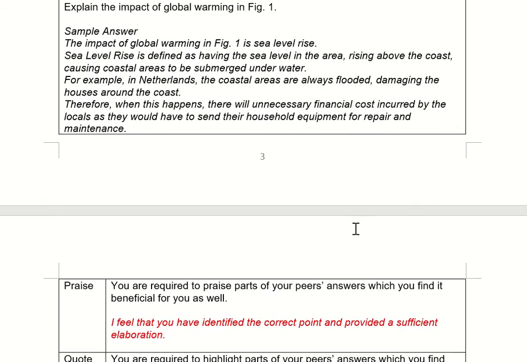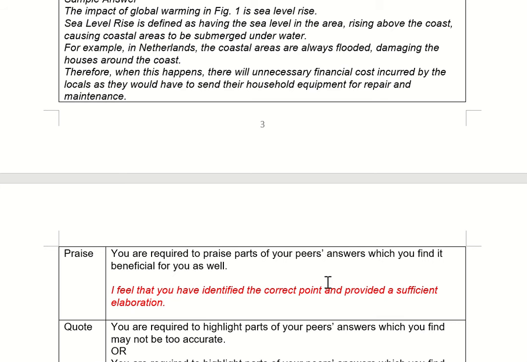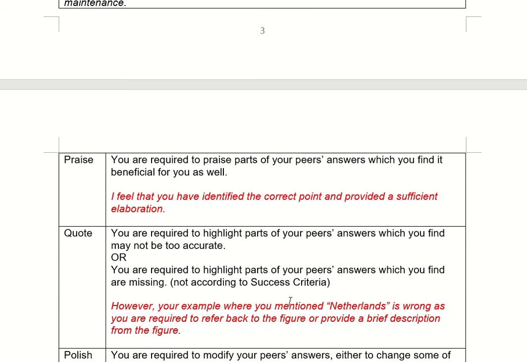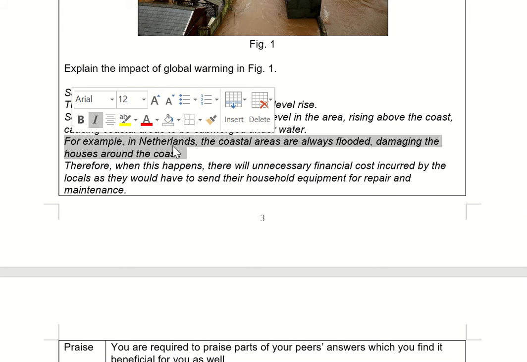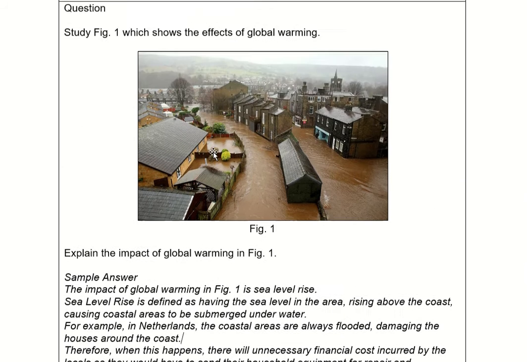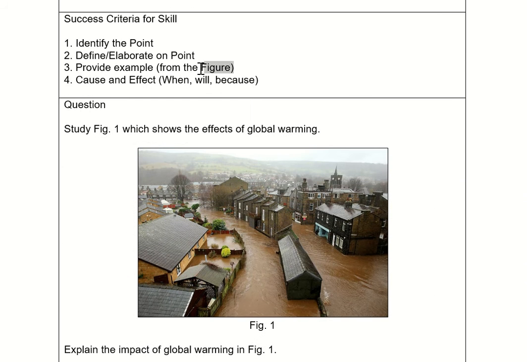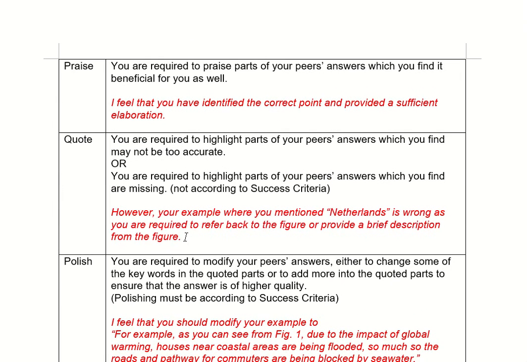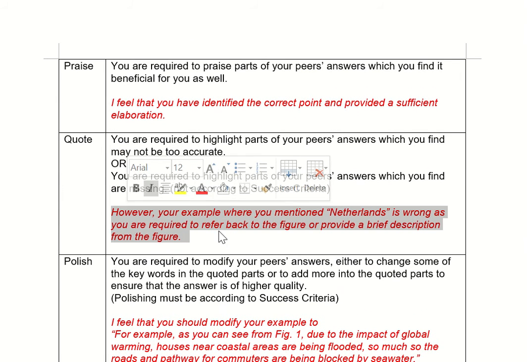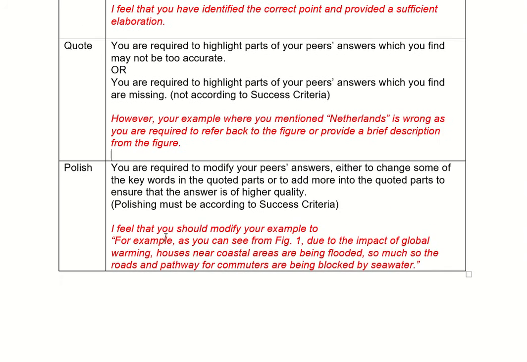From this sample answer, I praise that the elaboration is correct. However, the example is wrong, because you can see that the example is from Netherlands. So it's a real life, out of context example. But if you look at the success criteria, you need to provide an example from the figure. So they need to describe the figure and not give an out of context example. So I have already mentioned that your example must refer back to the figure, and then I modified it. So this is I do.